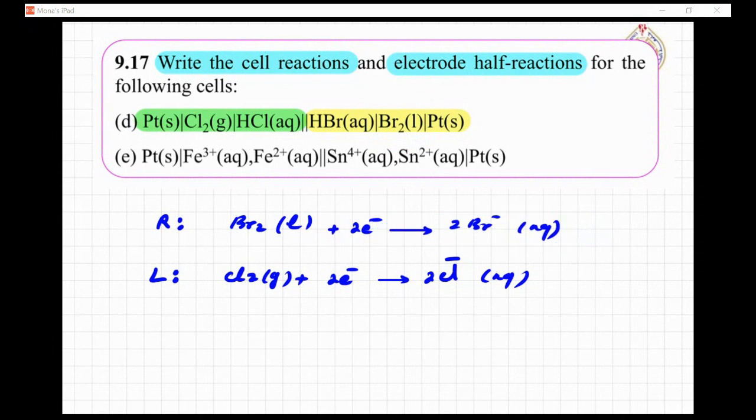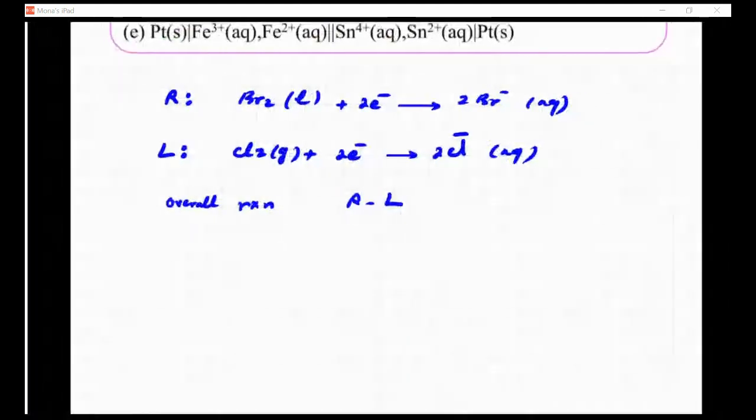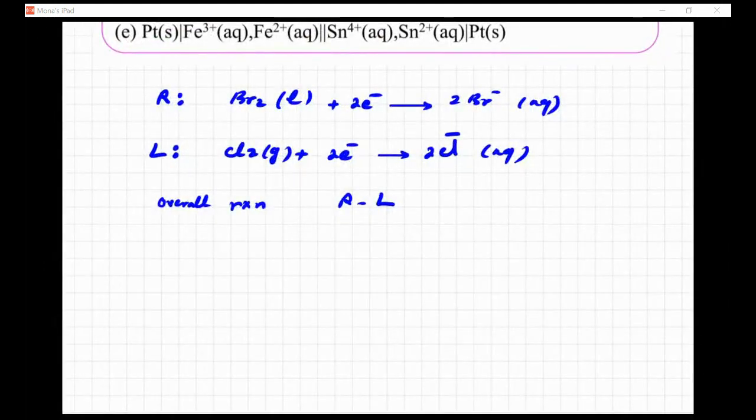We need to get the overall reaction. What is the overall reaction? The overall reaction is going to be right minus left. Always right minus left. Once you make a mistake in specifying the left and the right, your overall reaction will be wrong.